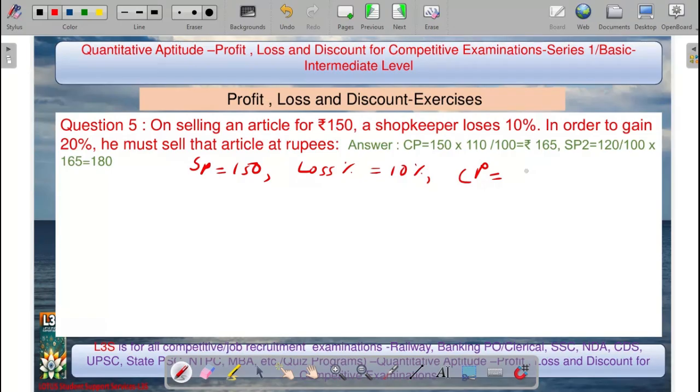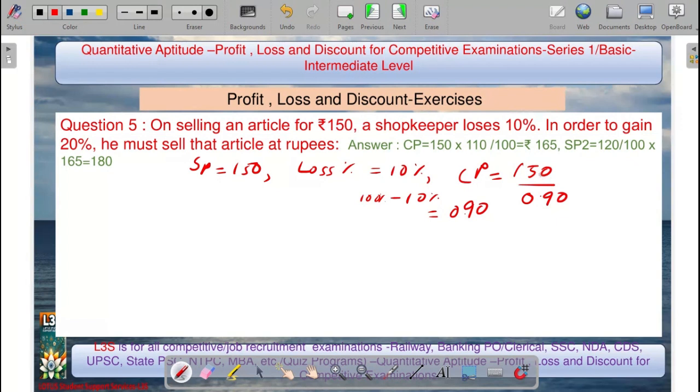CP will be 150 by 0.90, because 10% loss means 100 minus 10, that is 90%, and 90% means 0.9.